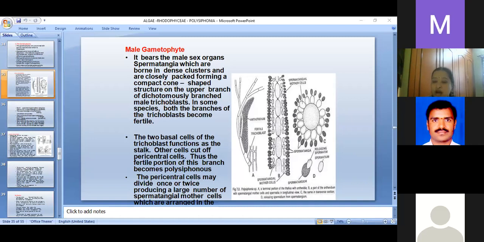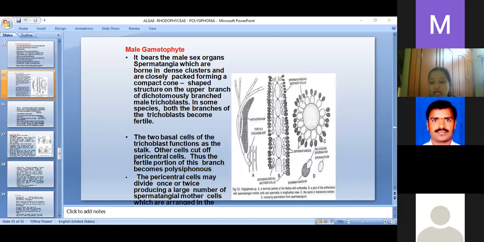After fertilization, one of the haploid daughter nuclei migrates into the special auxiliary cell. From the auxiliary cell, gonimoblast filaments develop. The terminal cell of the gonimoblast filament develops into the carposporangia, which in turn give rise to the carpospores.